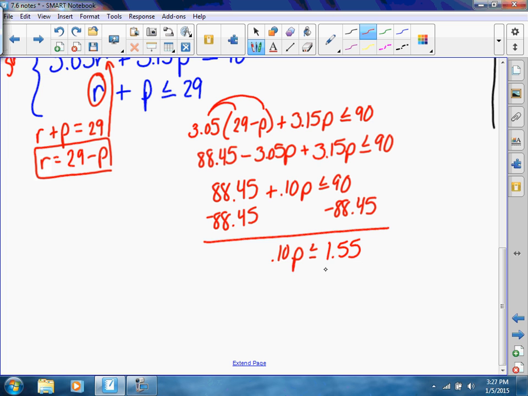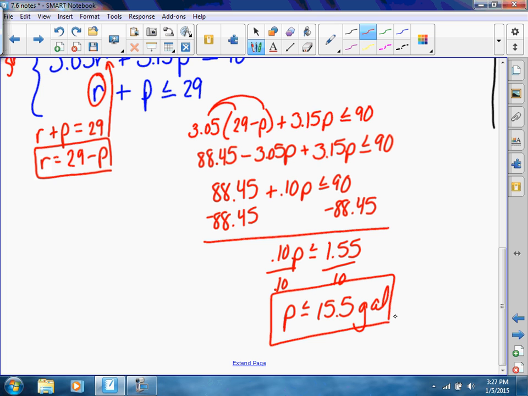And then if I divide by the 0.10, I'm going to have 15.5. Okay, and that 15.5, remember, that's the number of premium gallons of gas that we can get. So we can get 15.5 gallons or less.